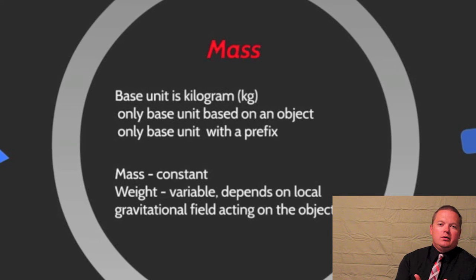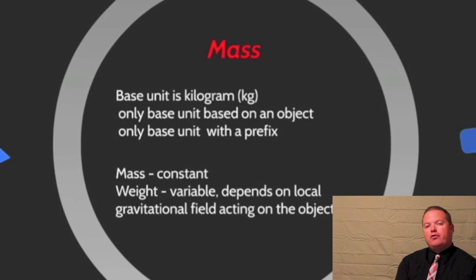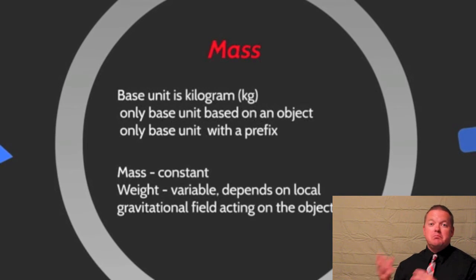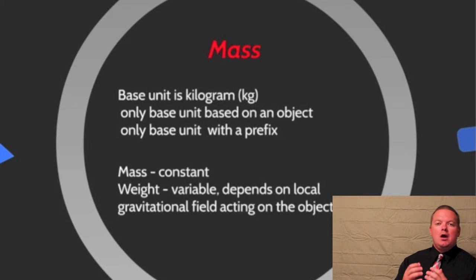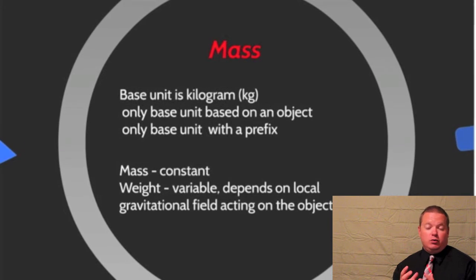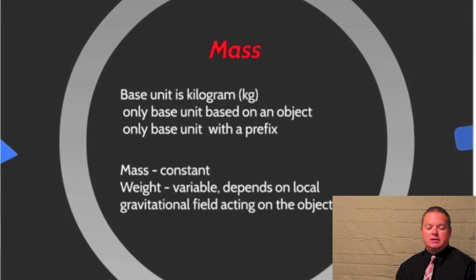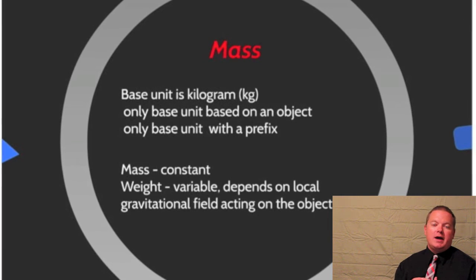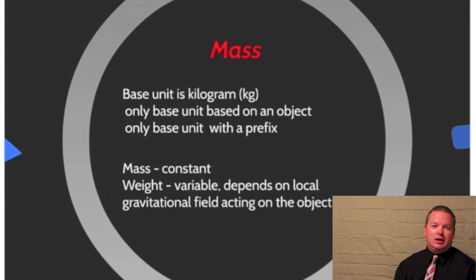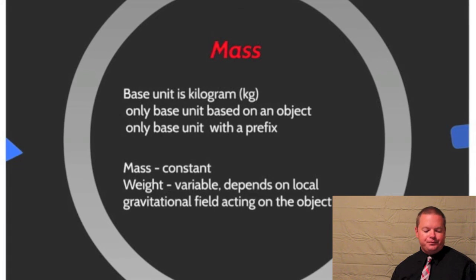So a 100-gram mass here on Earth will weigh less on the moon where it has less gravity, but its mass will be the same. A couple interesting things about mass. It's our only SI unit that's based on an actual physical object that's kept in France, and it's the only one that has a prefix in its base unit. So the base unit of mass is the kilogram, kg.